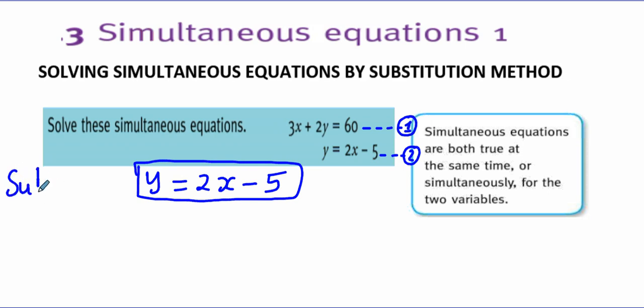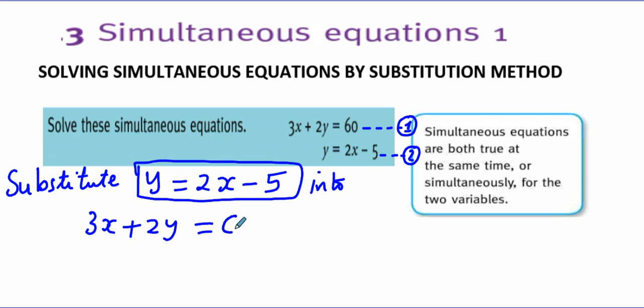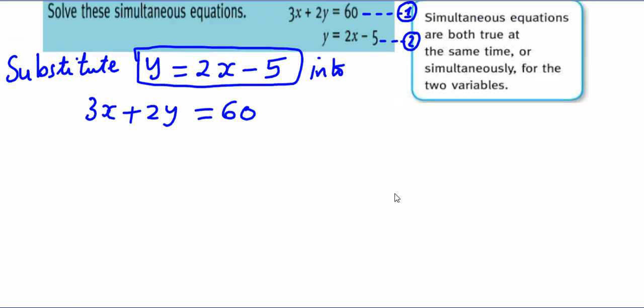So substitute y equals 2x minus 5 into 3x plus 2y equals 60. Now the question is, how do we do that? Okay.